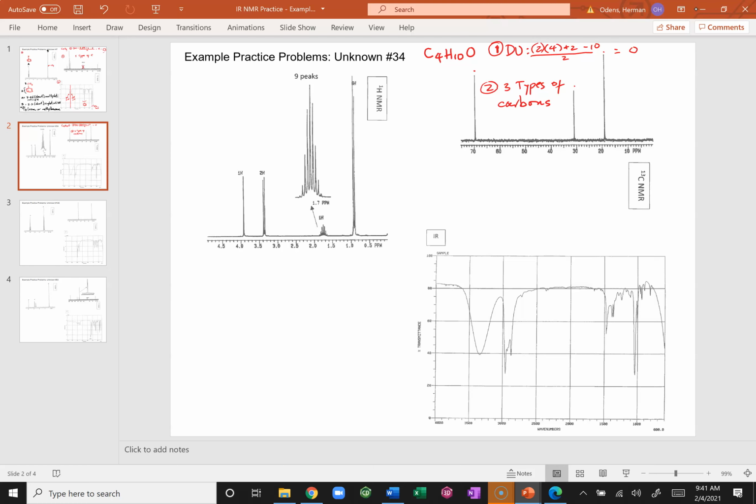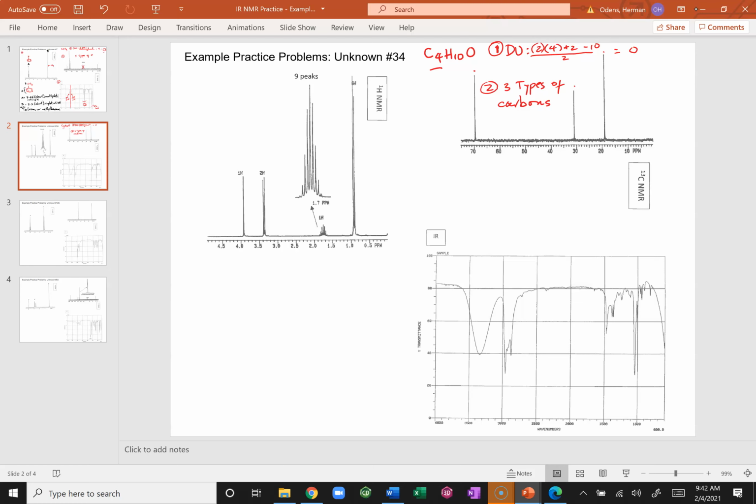The moment I see 3, and then I check my molecular formula and see that I have 4 carbons here, that means 2 of them are equivalent. They might be mirror images when you cut through a plane of symmetry, all right? So that raises a flag immediately.